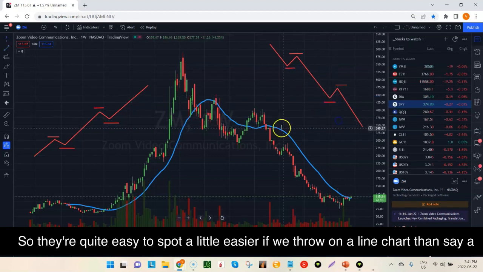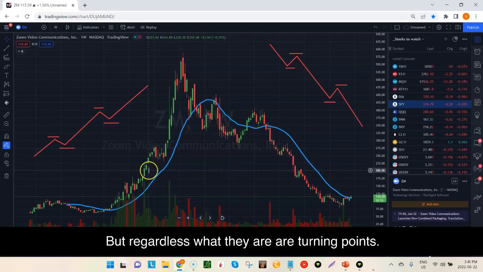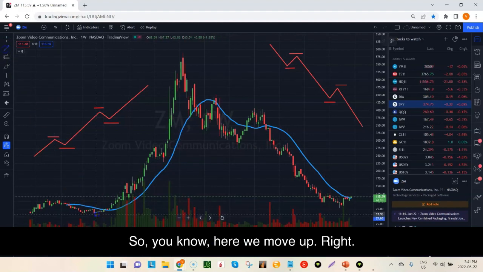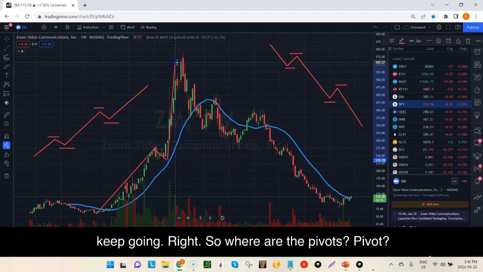Okay, so they're quite easy to spot, a little easier if we throw on a line chart than say a candlestick chart or a high, low, open, close chart. But regardless, what they are are turning points. So, here we move up, right? And then we pull back and then we keep going, right? So where are the pivots?